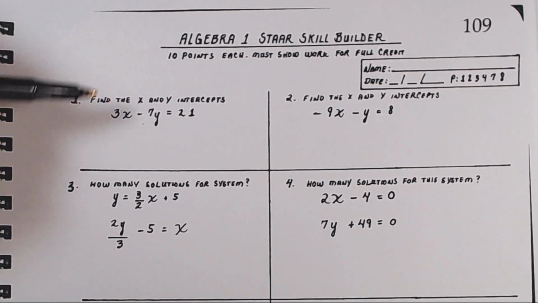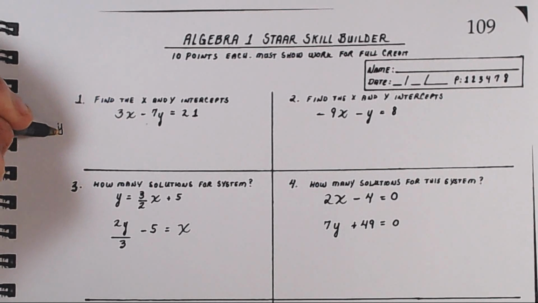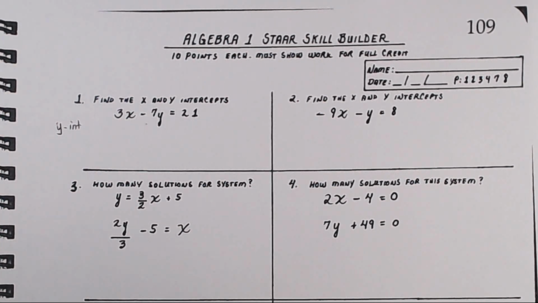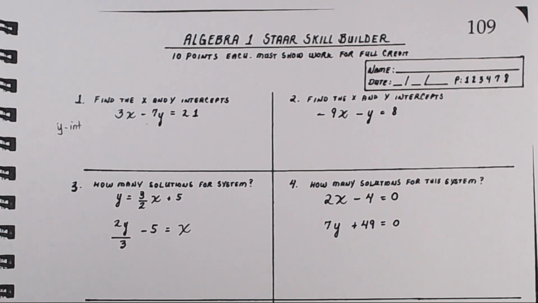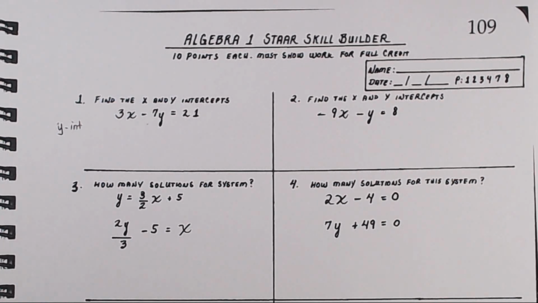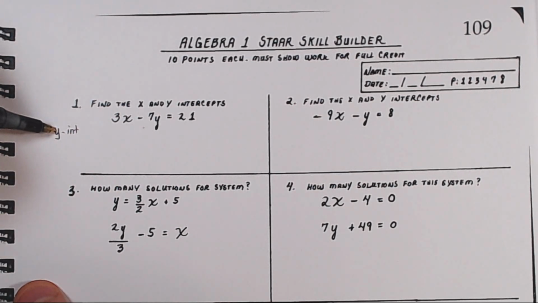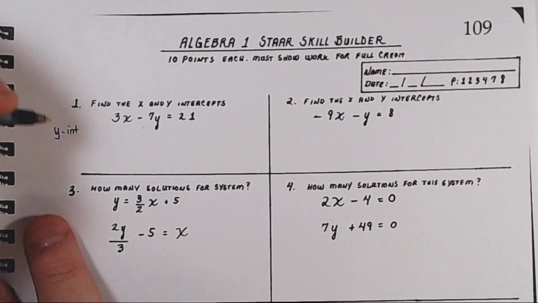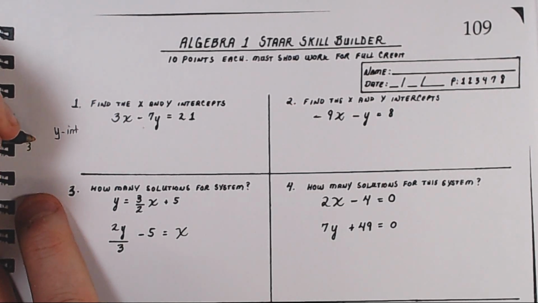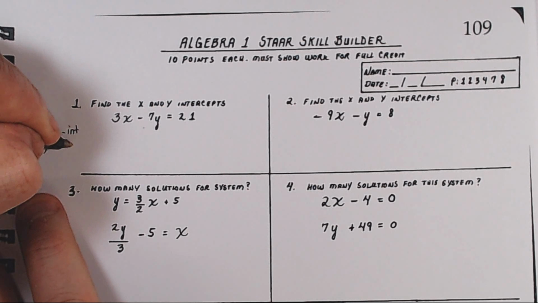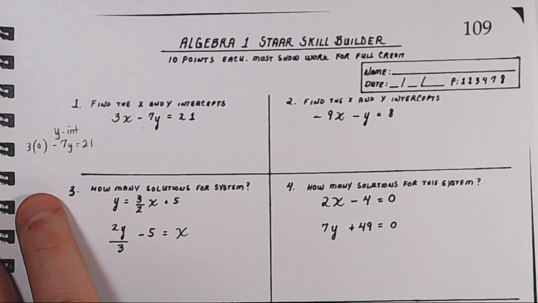Remember, if I want to know the y-intercept, the corresponding x value is already known. And what was that x value where the y-intercept happens? 0. So my question is, what is y when x is 0? I can quickly get that by saying 3 times 0 minus 7y equals 21.